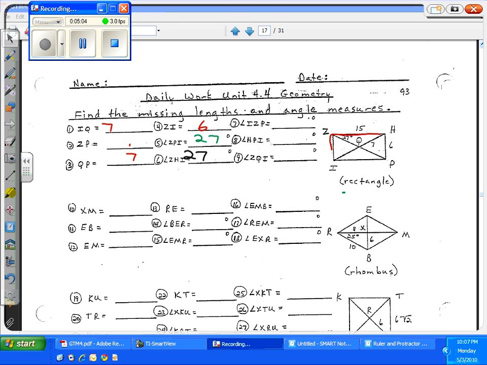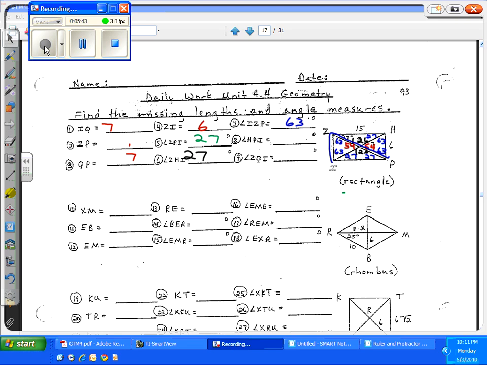We know that each angle was 90, and 90 minus 27 is 63 degrees. Let's let that get out of the way. 63 degrees. So angle IZP, from I to Z to P, was 63 degrees.